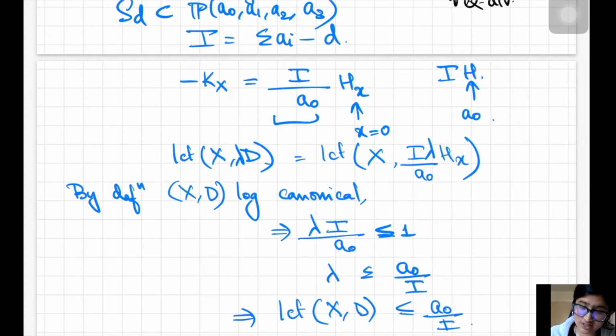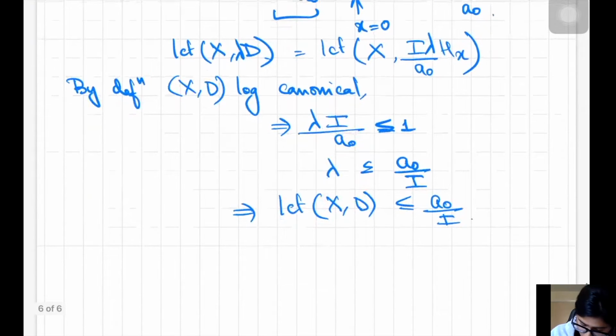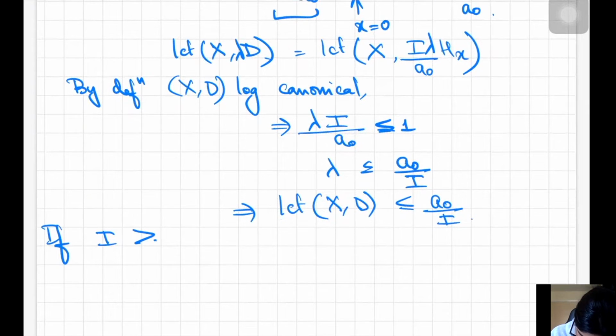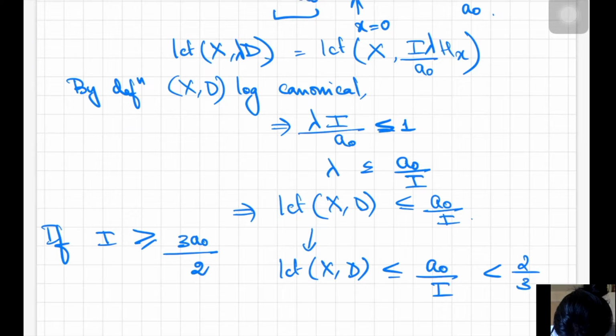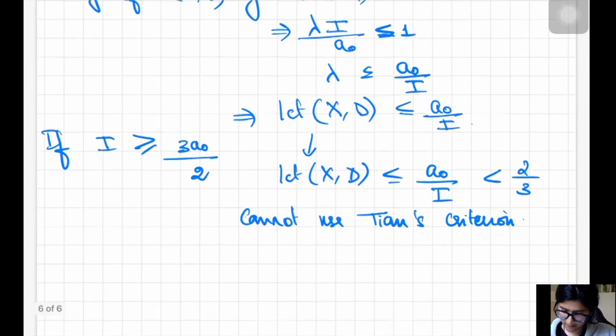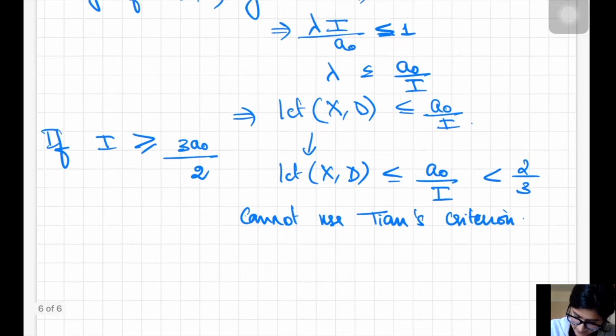So this immediately gives you an obstruction, because if my index I is greater than or equal to 3a0 over 2, this tells me that the LCT of (X, D) is less than or equal to a0 over I, which in turn is less than or equal to 2 over 3. So you cannot use Tian's criterion anymore if this holds, which was the reason why I even introduced it.